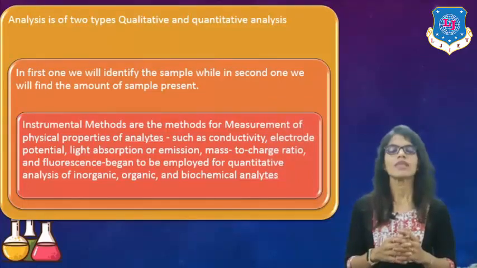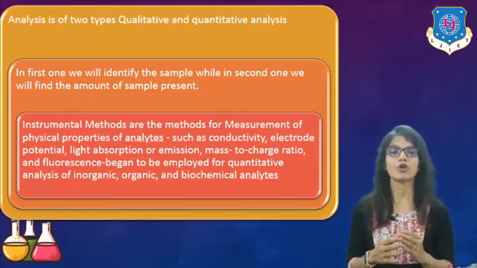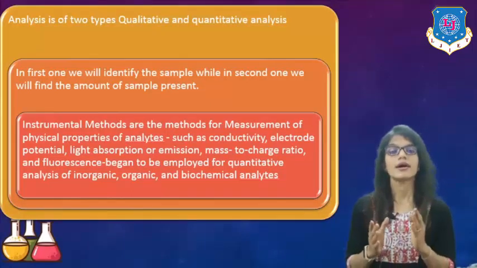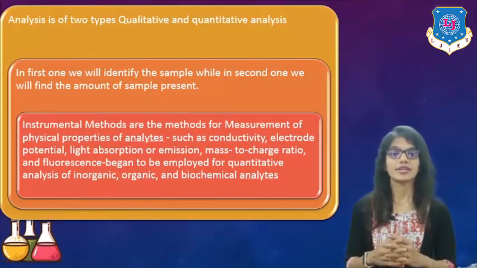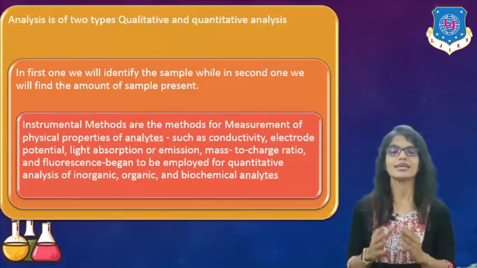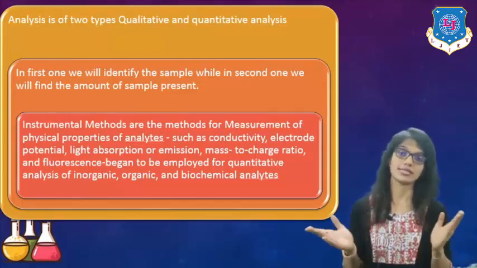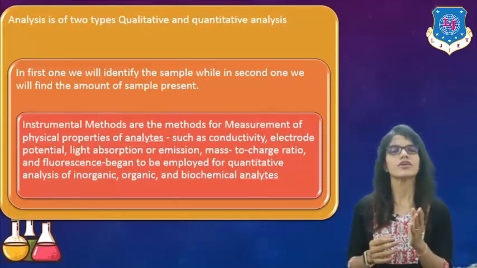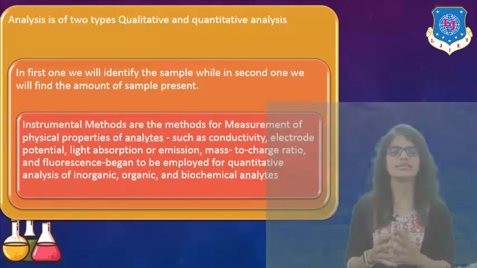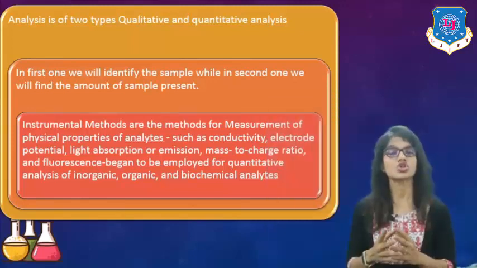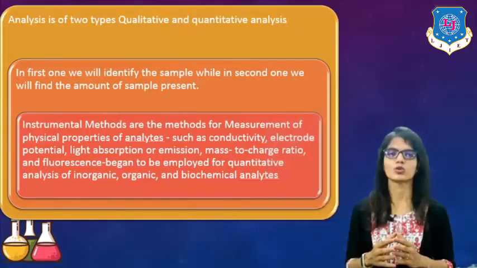Okay? So, the instrumental methods are the methods for measurement of the physical properties of the substance, like its conductivity, its pH, its electrode potential, its absorption phenomenon or its emission phenomenon, even its absorption frequency, emission frequency, etc., its mass to charge ratio and fluorescence.